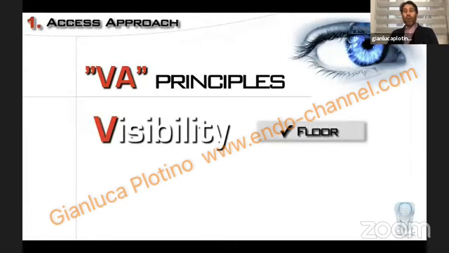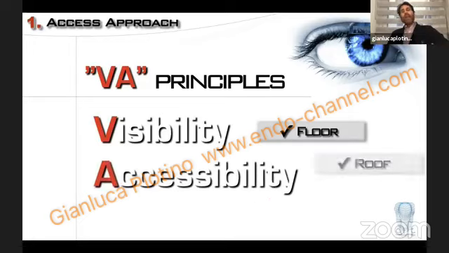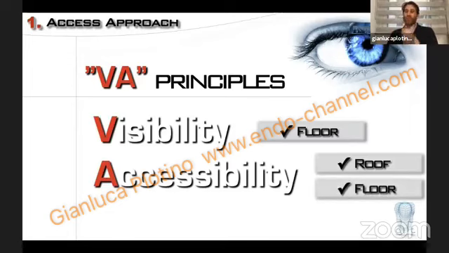Visibility of the floor of the pulp chamber, not to miss any root canal. And as soon as you have the visibility of the floor of the pulp chamber, you need to have the accessibility on the floor of the pulp chamber to treat everything that you have seen. And also you need accessibility to the roof of the pulp chamber to clean if you maintain some undercuts. So this is very, very important.